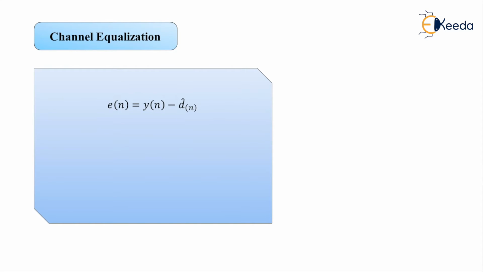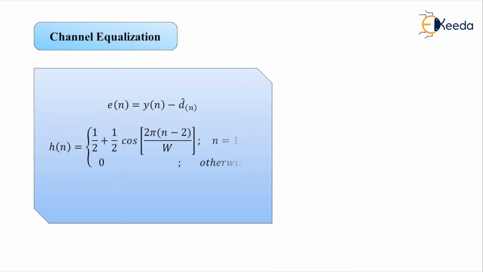Now coming to the exact details of the adaptive channel equalization process, let us have the representation in mathematical expression form for the channel unit sample response, denoted by h of n. h of n for n equal to 1, 2, 3 takes the value half added to 1 by 2 times cosine of 2 pi in the bracket n minus 2 divided by w.